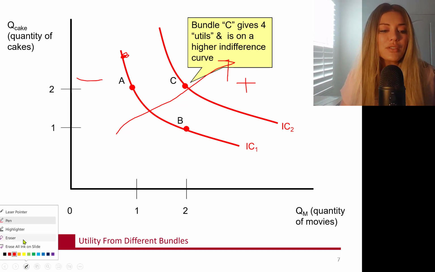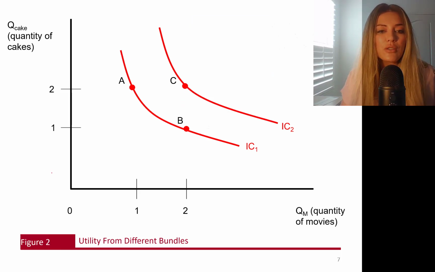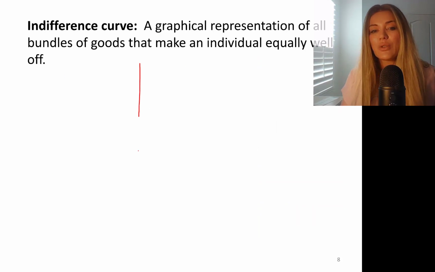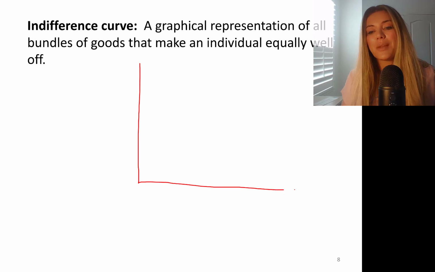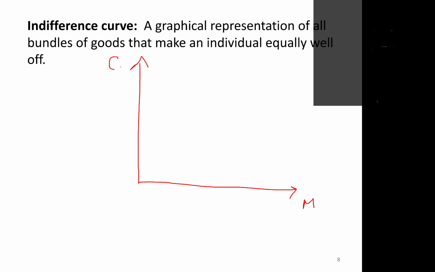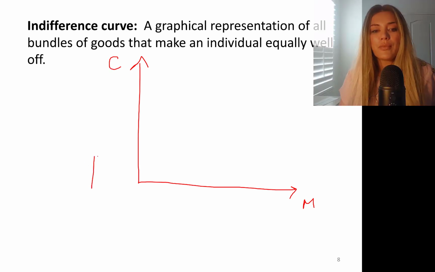I'm going to teach you something really cool, folks. You're going to love this. Here's a little trick. This is going to help you in labor economics because these are good goods. Let's say this is again movies and this is the cookies, and this is 0.